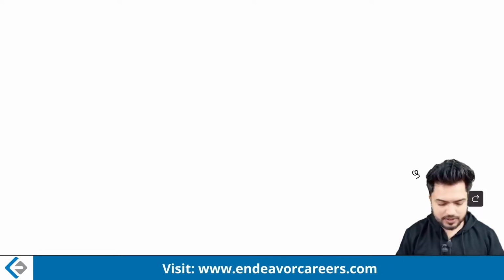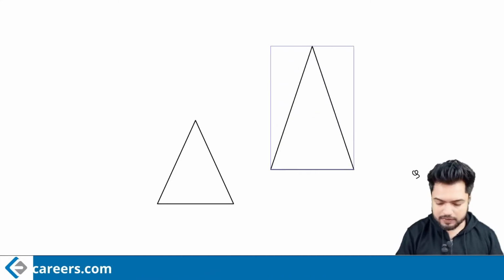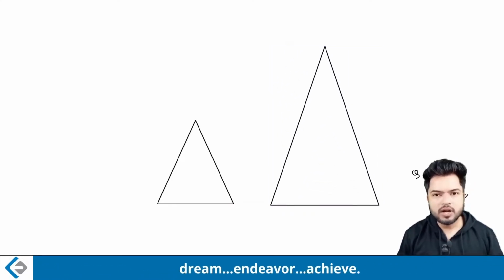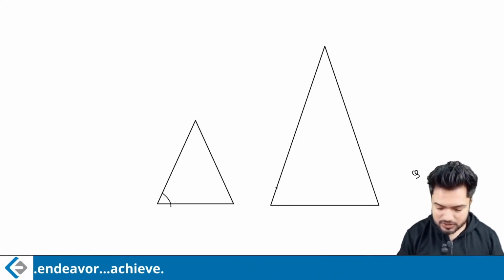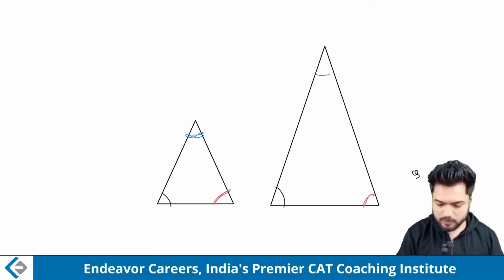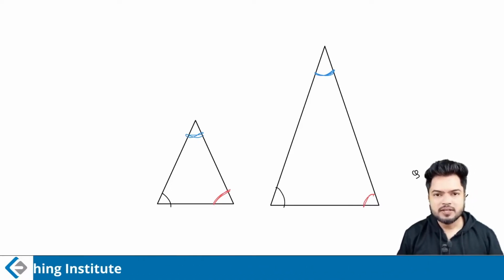Let's say this is a triangle that I take, and I draw one more triangle here like this. How do you say that the two triangles are similar? By saying that the three angles are equal: this red is equal to this red, and this blue is equal to this blue. That's when you say that the two triangles are similar.